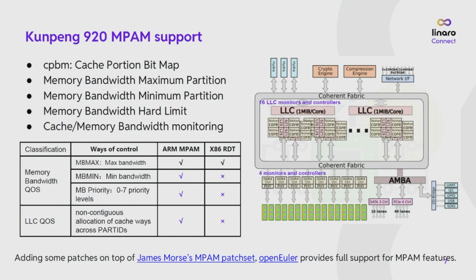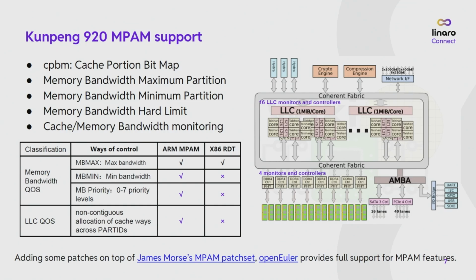Okay, so for now, I will share some test results we're doing. First, I need to introduce the hardware and the software. The hardware, we're using the Kunpeng ARM 920, and the software, we're running openEuler.